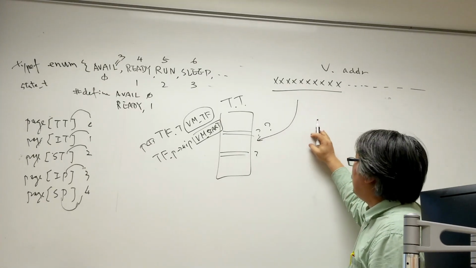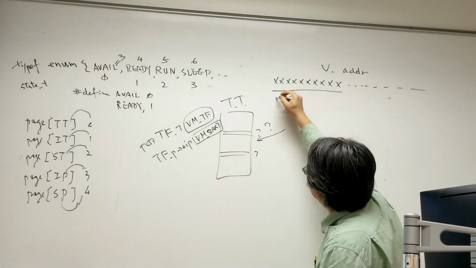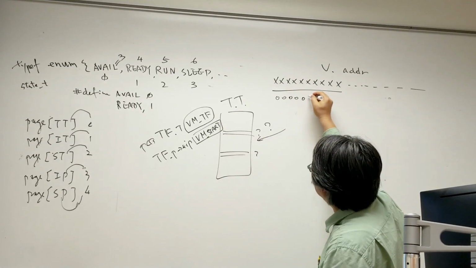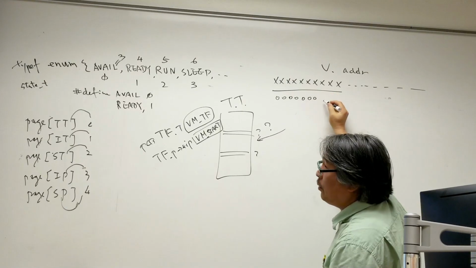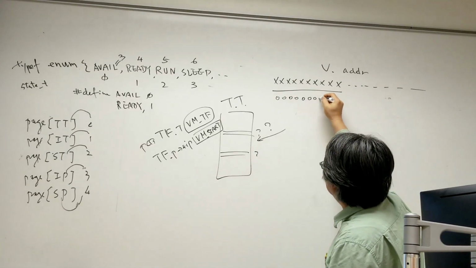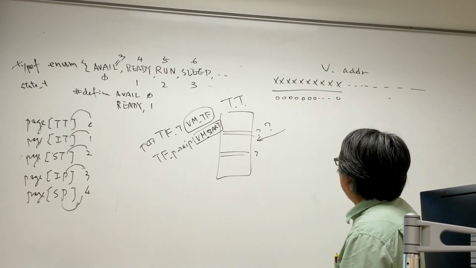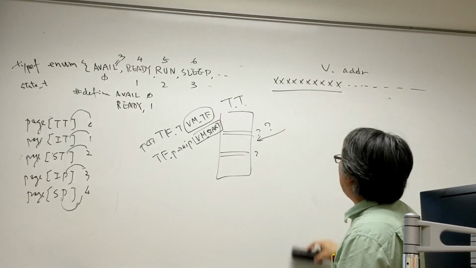So the best way to do it is to mask out. We're going to mask out with O0 here, with OR, right? Wait a minute. We're going to mask out, so we should use the AND gate.